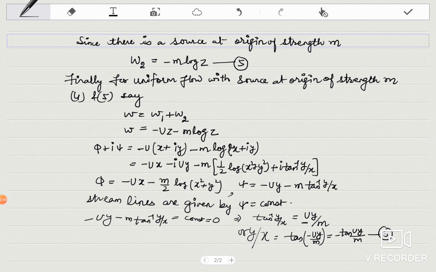Now we try to draw these streamlines. For that, first of all, we will take the stagnation point because that is again important.